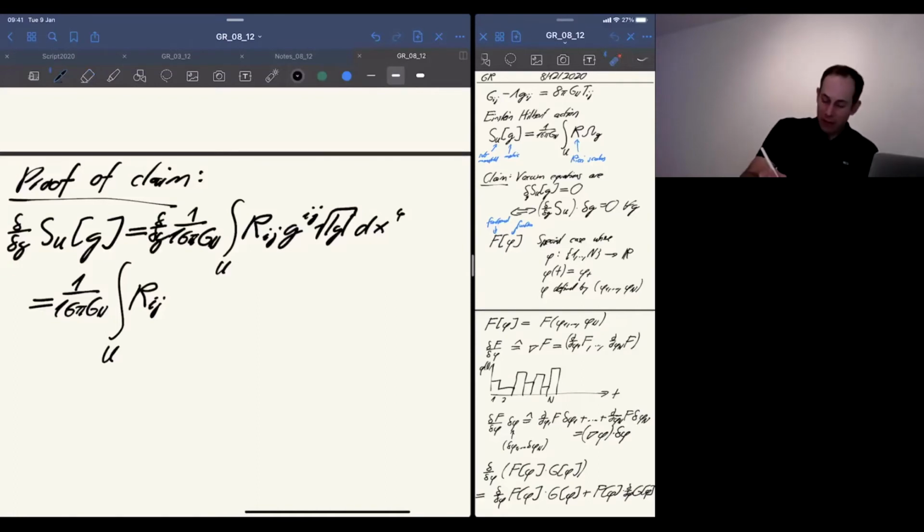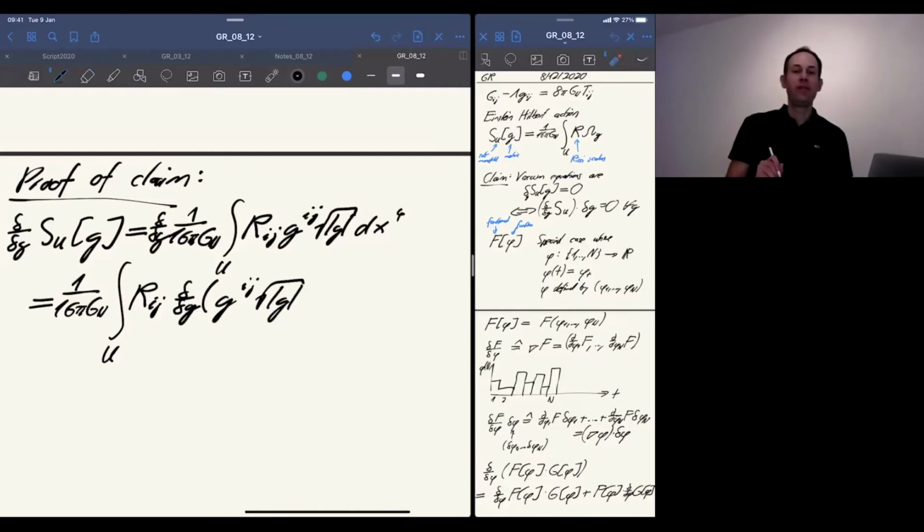So if we apply the product rule, one thing I have to do is of course to take the derivative of one part of this thing, and just to group the calculation, I will still take the product between Gij and the determinant of G together as one big factor. And so we integrate over that one.